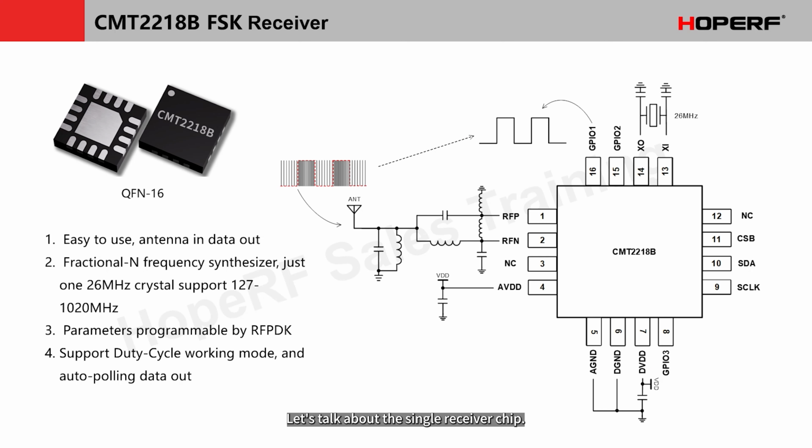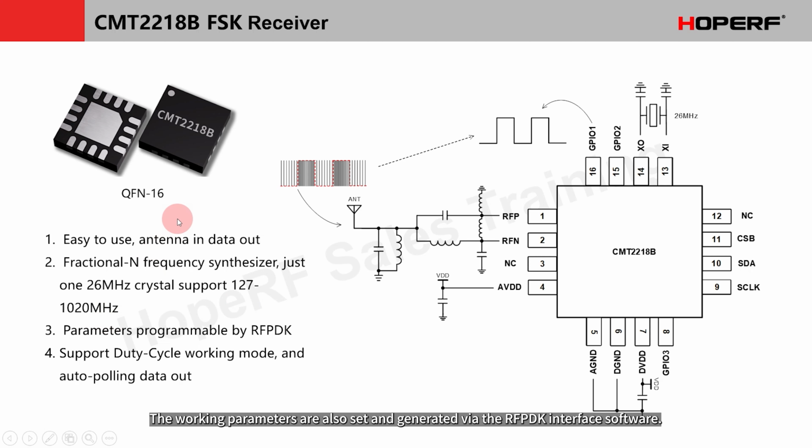Let's talk about the single receiver chip. Take CMT2218B, the FSK receiver chip, as an example. It is a single receiver chip in standalone working mode, so it is also a simple to use chip. Supports antenna in, data out. It also supports fractional frequency division, a 26 MHz crystal oscillator, and can support a frequency range of 127 MHz to 1020 MHz.